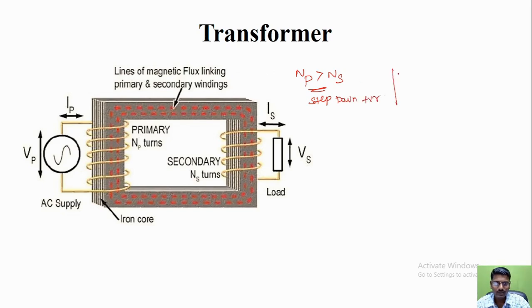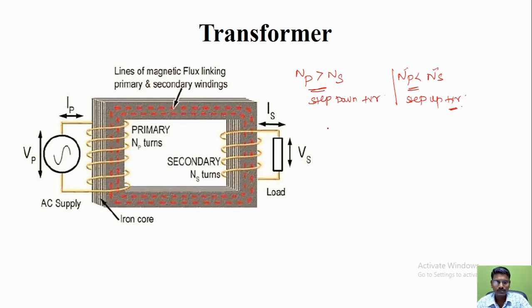If the number of primary turns is less than the number of secondary turns, then the transformer is known as a step up transformer, right? This is a step up transformer because here the number of primary turns will be lower and the number of secondary turns will be higher, right?